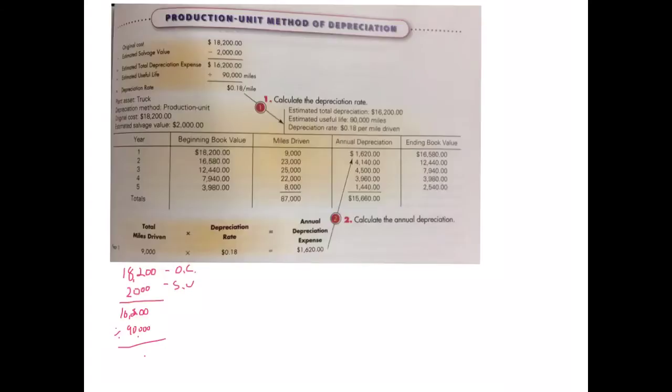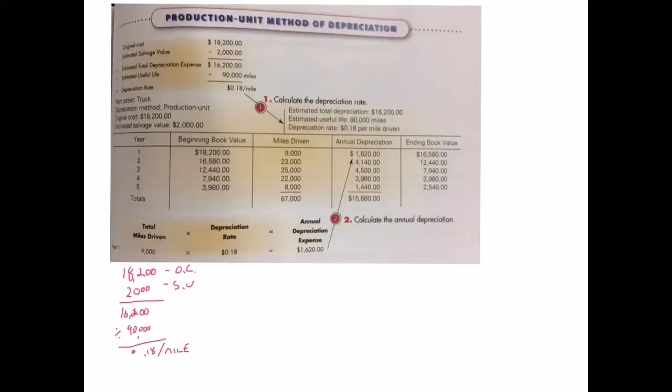We do the calculation there. It gives us 0.18. We're talking about dollars and miles. Basically what it's telling us is that we can depreciate 18 cents per mile. So now instead of depreciating a percentage each year or a dollar amount each year, we're going to depreciate 18 cents for every mile that we use this item.